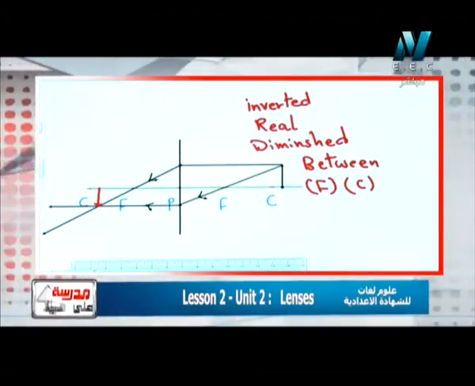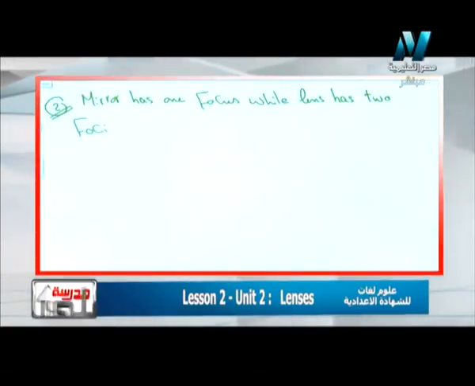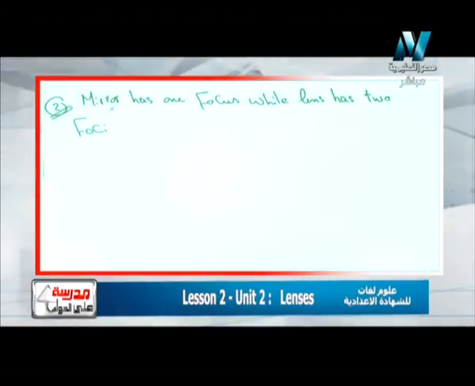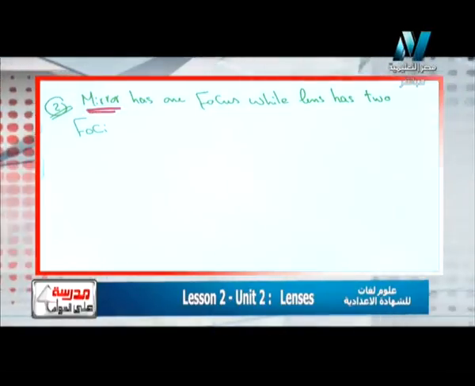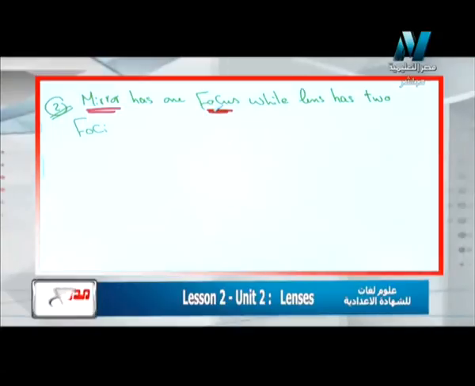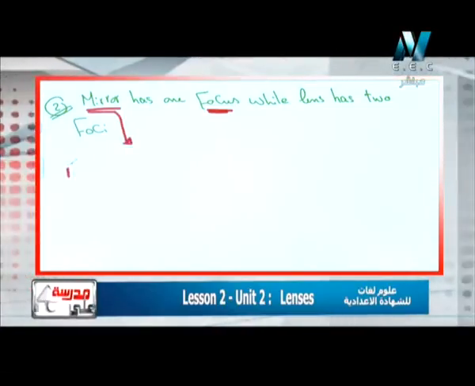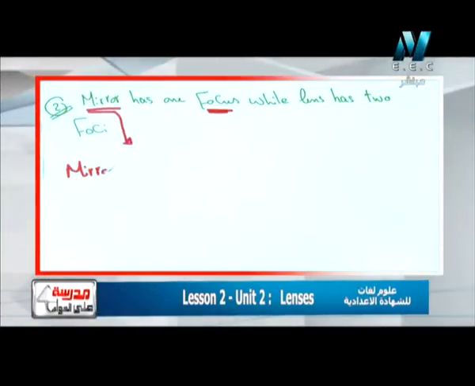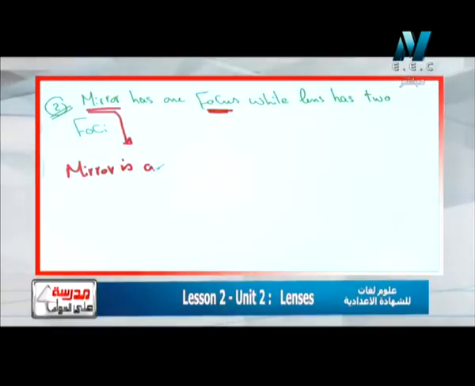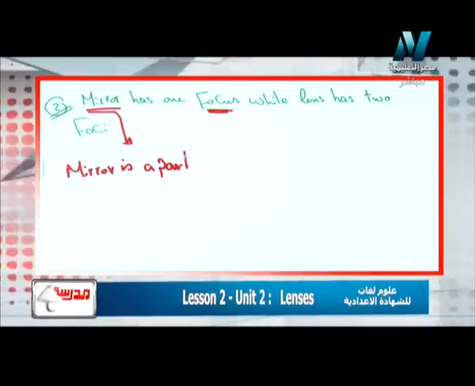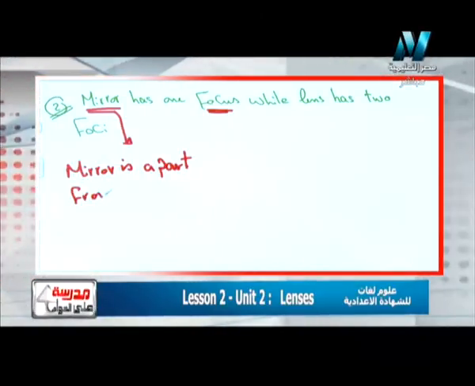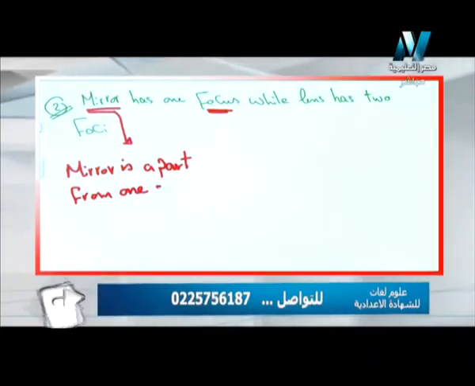I think we have another question. Yeah. Mirror has 1 focus while lens has 2 foci. Yes. Mirror has 1 focus because a mirror is a part of 1 sphere. يبقى هنا, mirror is a part from 1 sphere.